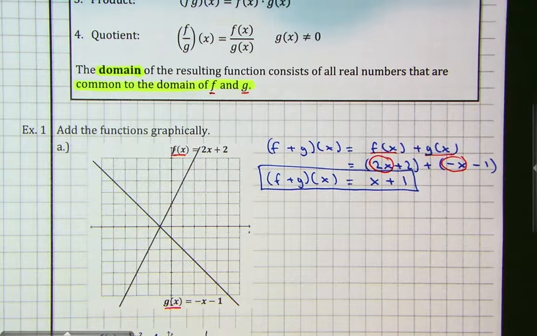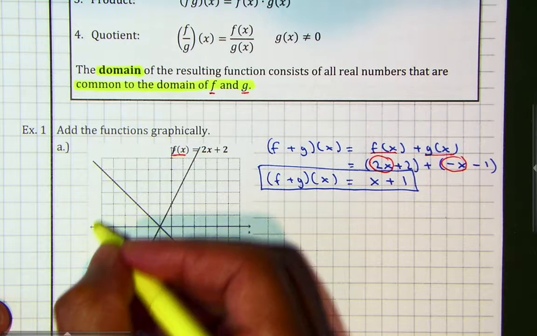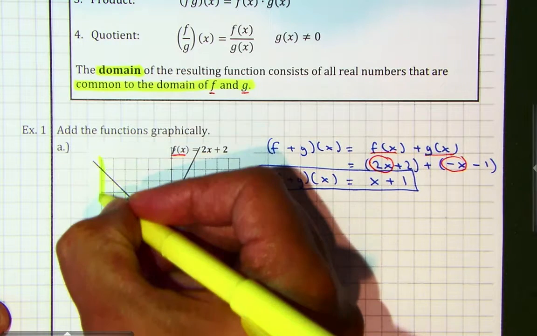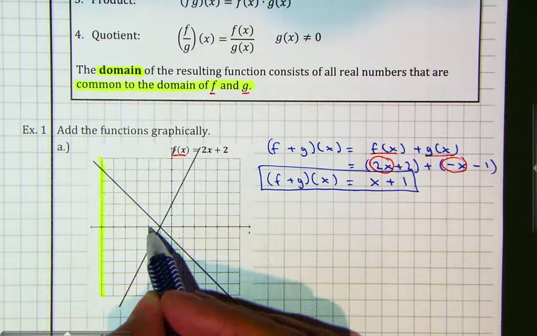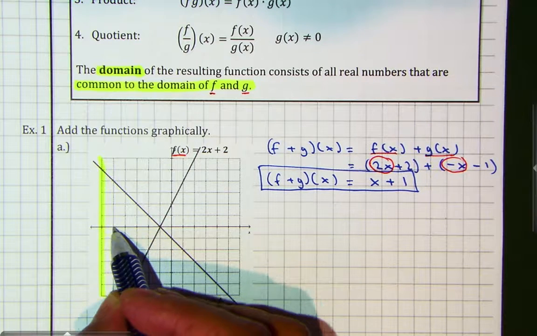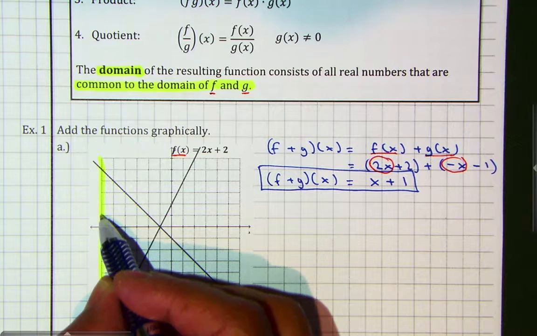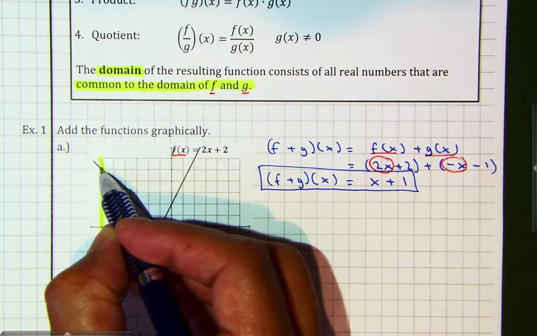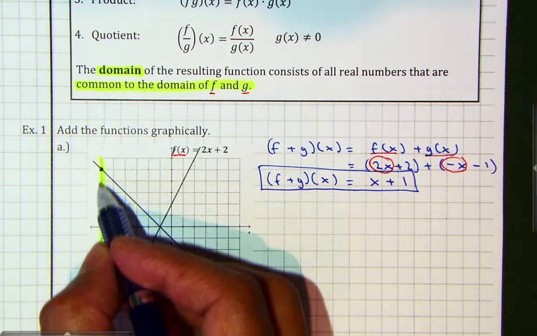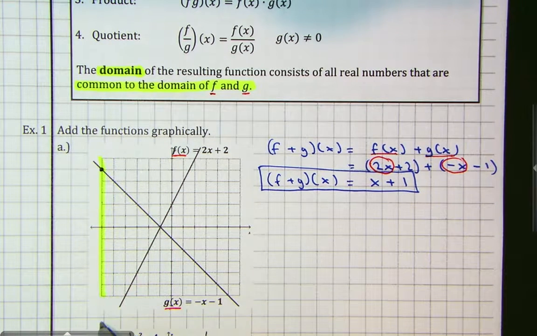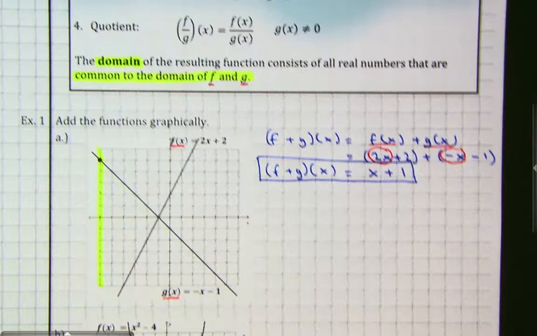So we must start with the furthest point on the graph. I'm just going to start with what is the x value for this? 1, 2, 3, 4, 5, negative 6. At negative 6, I know that the y value for g of x is 5. But I don't see the y value for f of x around here. So therefore, I'm not going to use it.